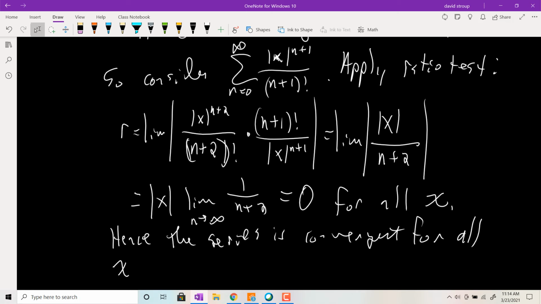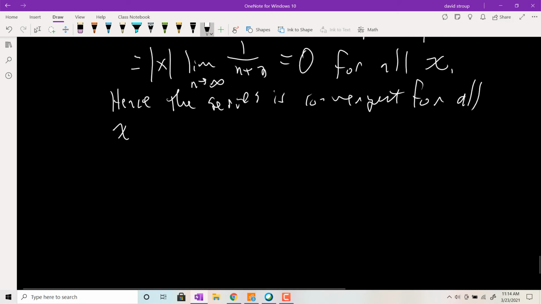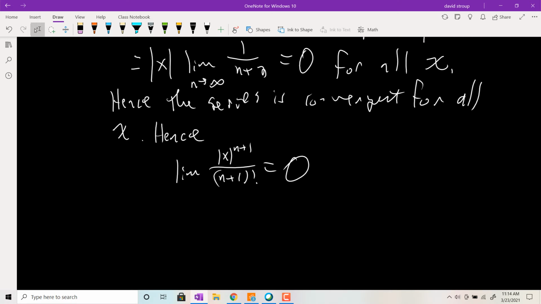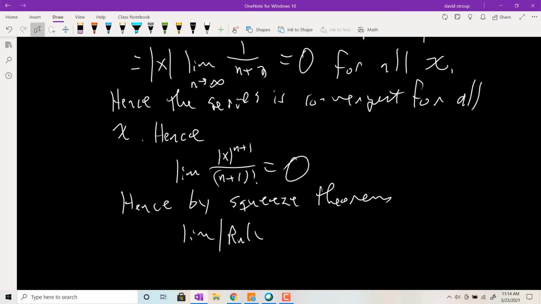And then by the contrapositive of the nth term test for divergence, the limit of the absolute value of x to the n plus 1 all over n plus 1 factorial is equal to 0. Hence, by the Squeeze theorem, the limit of the absolute value of r sub n of x is equal to 0.